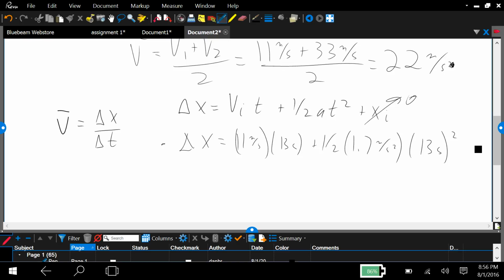Okay, and 13 times 11 should be 143. And that's in meters, and then the second term, 1/2 a t squared.